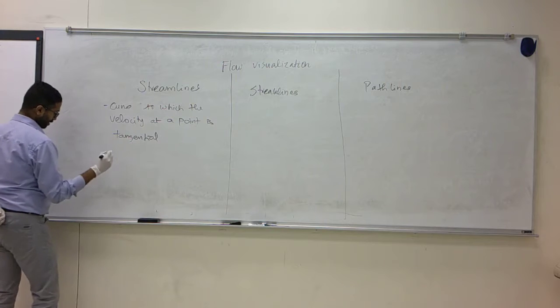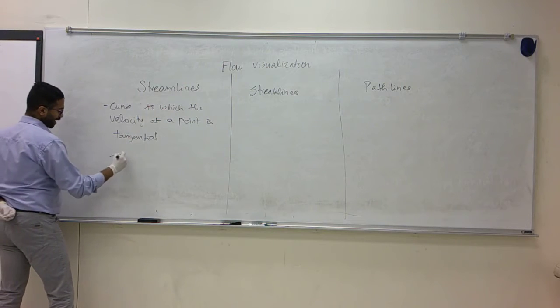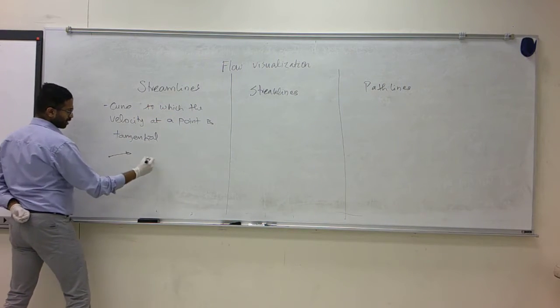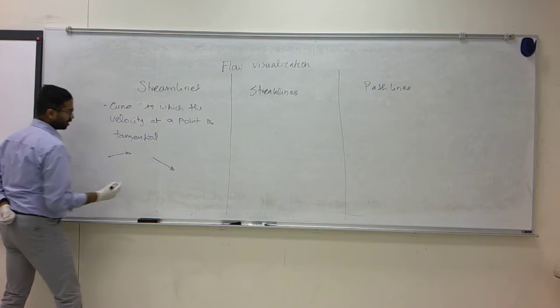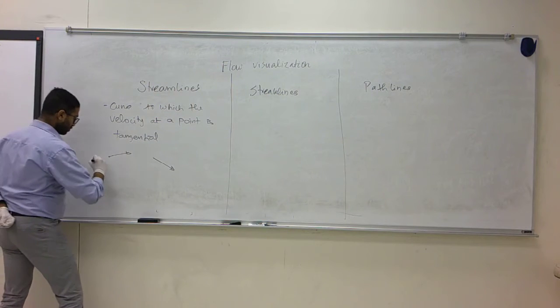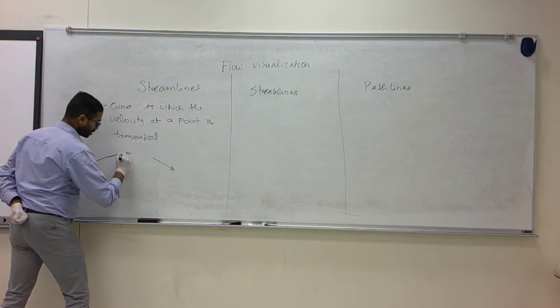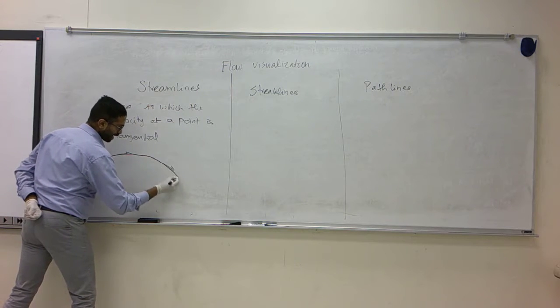That is, if I have, let's say, a flow, and if I have the velocity vector at this point, I have the velocity vector at this point. The streamline is a curve that is tangent to the velocity at every point.